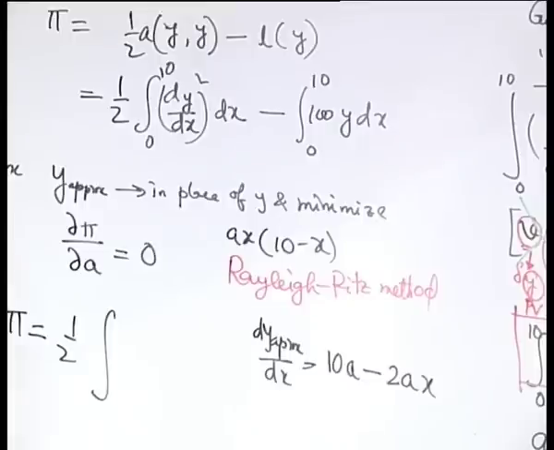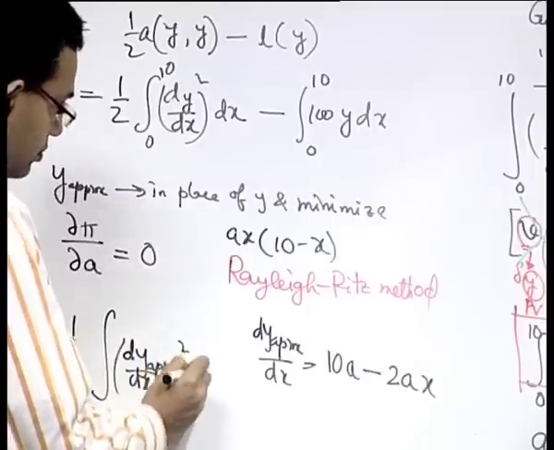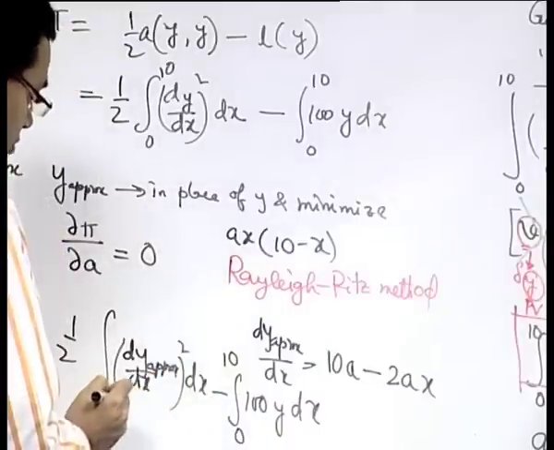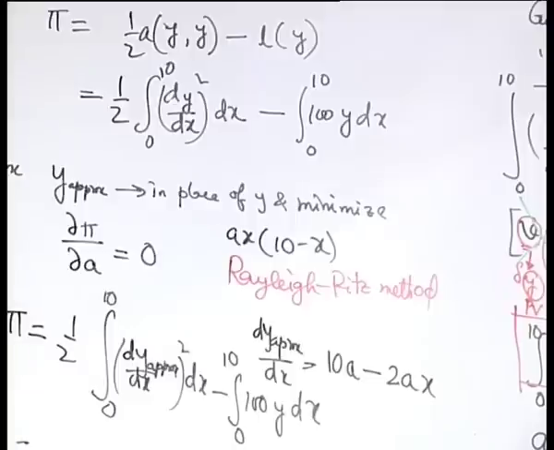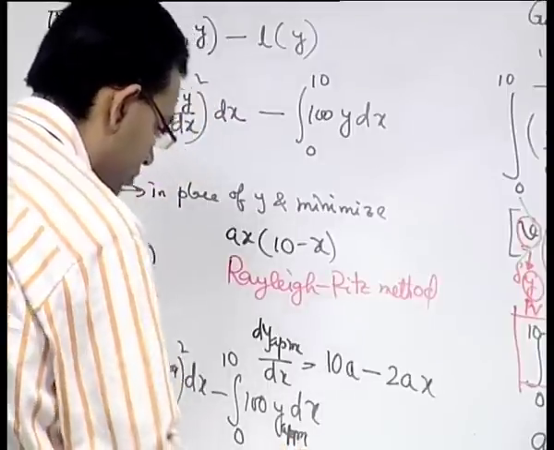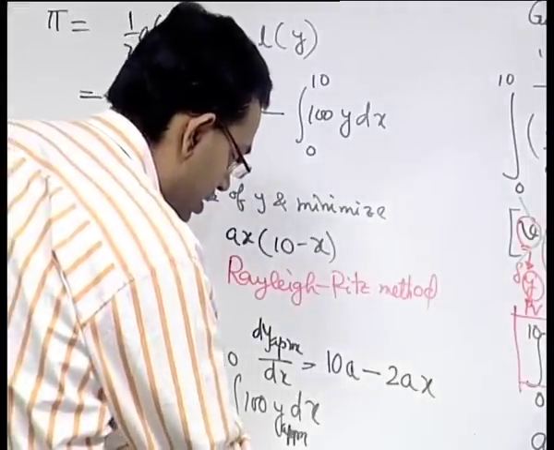Then pi will be half of dy approximate dx whole square minus 100 y dx, where here also y is y approximate, that is a x into 10 minus x, dx.